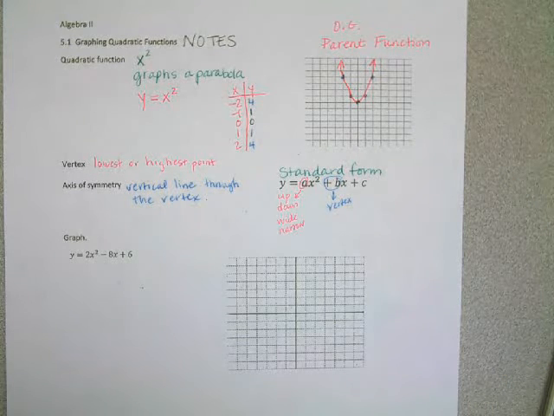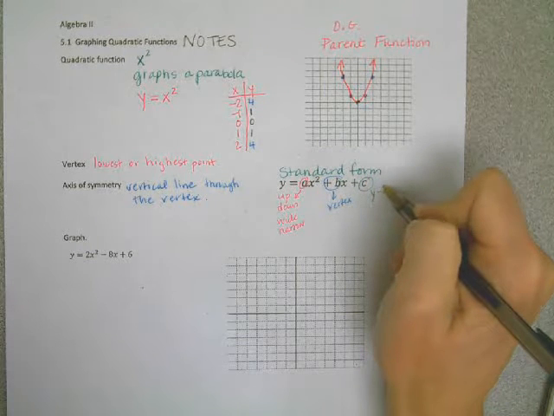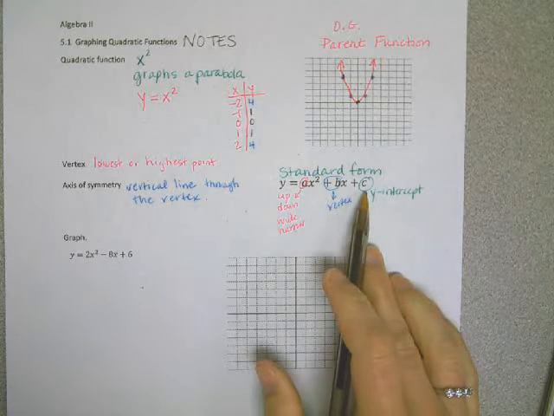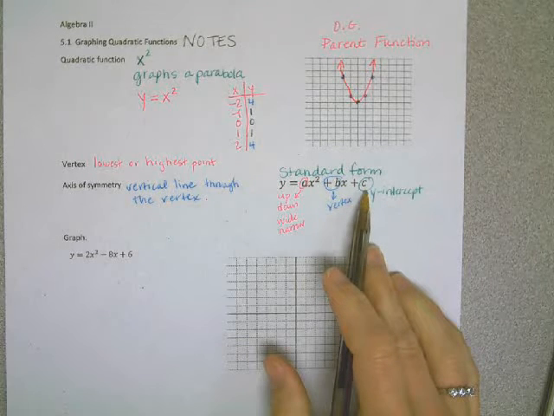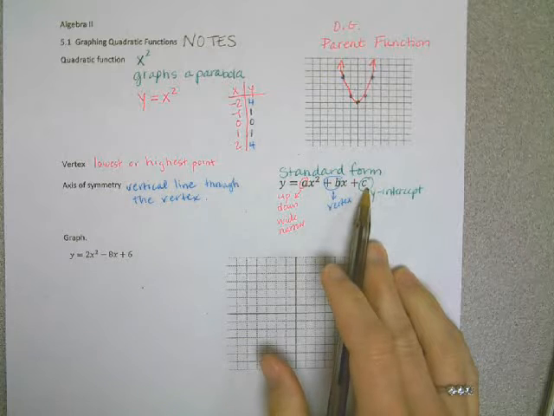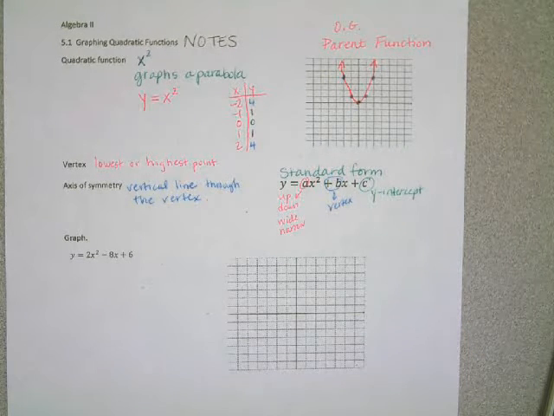A also helps you find the vertex, but B is very important. C tells you your y-intercept. So you're guaranteed to find at least one point on your graph just staring at the equation in standard form. That last number that doesn't have a variable with it is your y-intercept.